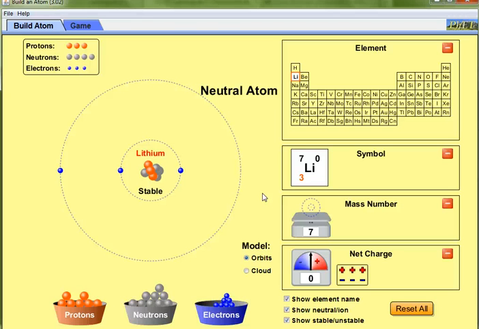Okay, that's how many neutrons it would require for stability. So neutrons are there for stability. That's pretty much their whole role in an atom. Protons are for charge, and electrons for neutrality and chemical properties. Is that clear?